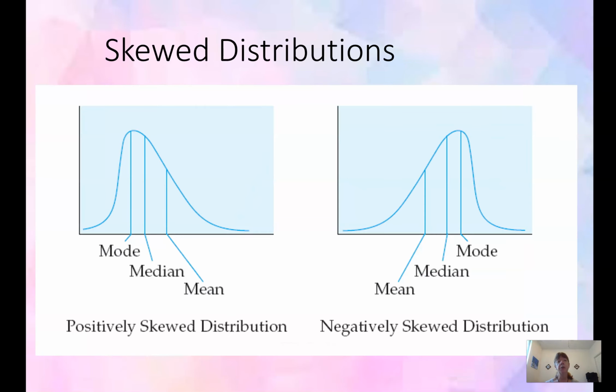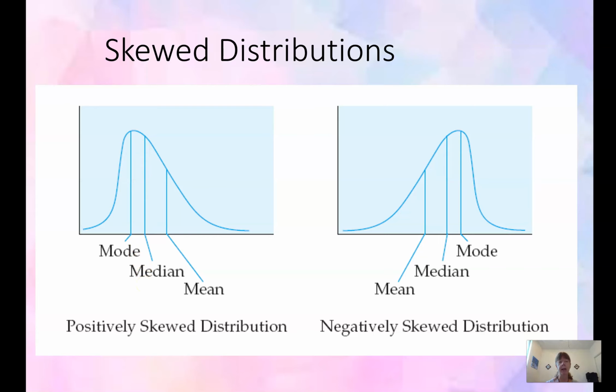In skewed distributions in particular, these 3 things will be different. If we look over here at the positively skewed distribution, the mode is always at the peak of the curve, so that's going to be there. Because we have, let's talk about income, where a few billionaires pull that tail out there to the right. They're going to pull the median up just a little bit because they're a small number of people.